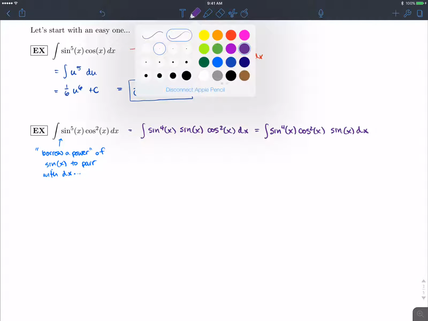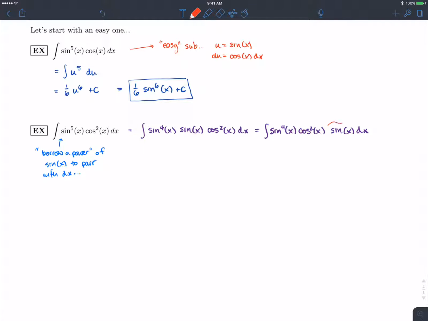Now the reason that we did this is we're setting ourselves up to note that this is going to be our future du. Because the goal here is substitution, that's going to end up having to be our du. So that might give you an idea of what we're going to have to choose as our u in just a minute. So if this is going to be our du, then our u would have to be cosine, right?